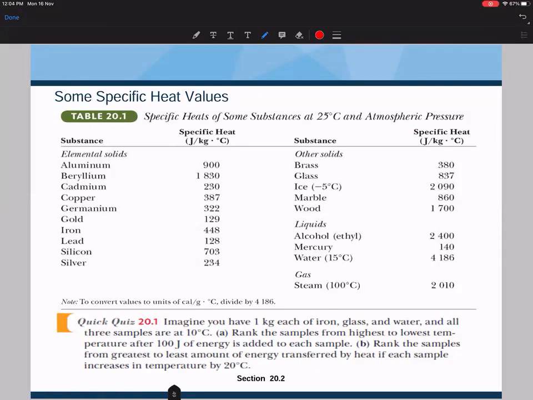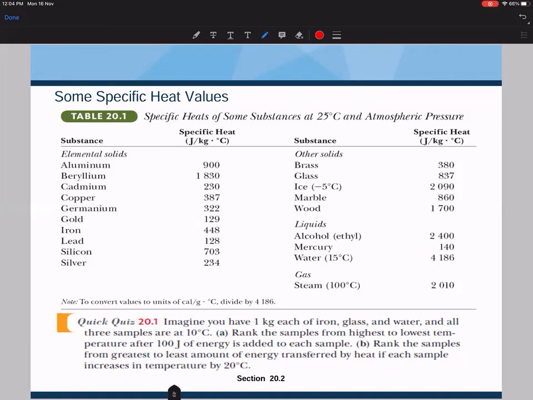Sometimes they have a very low specific heat, like mercury, which is a very good conductor of electricity as well as heat. But some liquids, such as water, have a relatively high specific heat. So this is just a table for introduction.